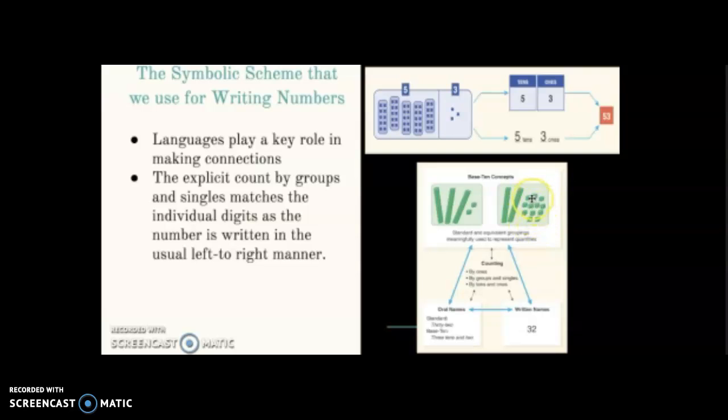What we did is we regrouped a set of 10 ones to make 1 ten, one whole 10, and how that would be seen in written form would be 32, and as an oral name would be standard 32 and base 10, 3 tens and 2 ones. So what we're doing is showing it visually, and then writing it, and then saying it and reading it.